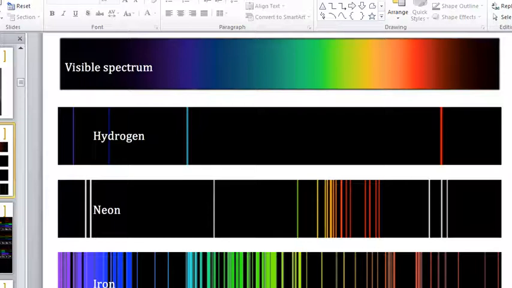Now, this is basically the emission. These are the colors that are given off. So you've got to think of this backward for absorption, but it's going to convey the same concept. If I look at neon, neon has multiple bands of light listed on its emission spectrum. I see them. They're all here.